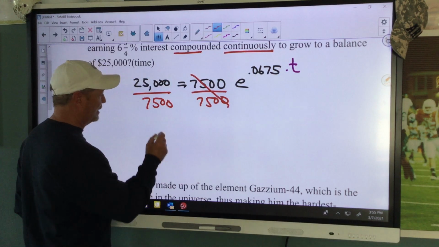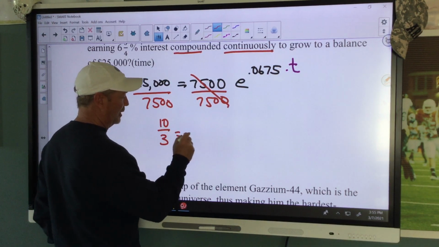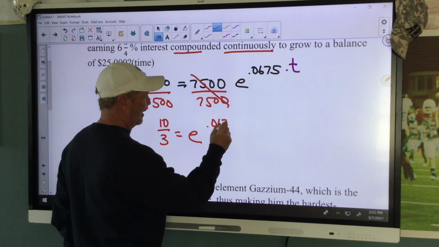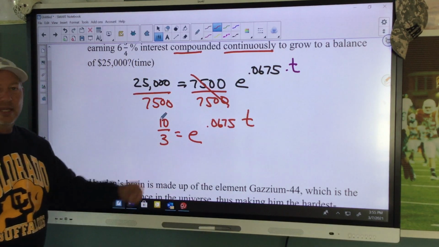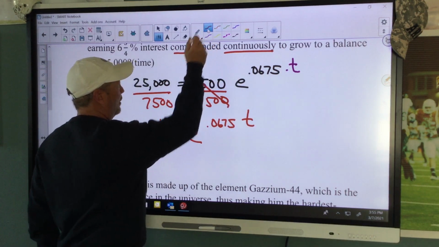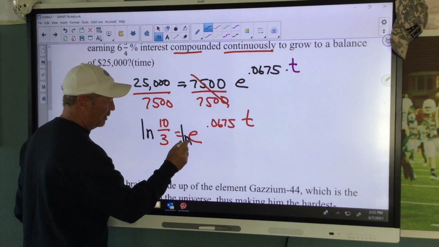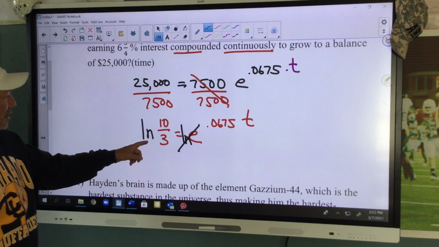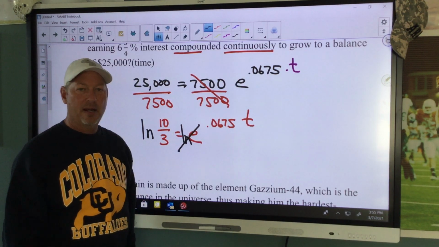All right, so we have 10 over 3 equals E raised to the 0.0675 t. Now, to make that E disappear, we're going to take the natural log to this side, and the natural log to this side, and it's going to cancel. Once I put this in the calculator, I just divide by 0.0675, and that'll be t by itself.